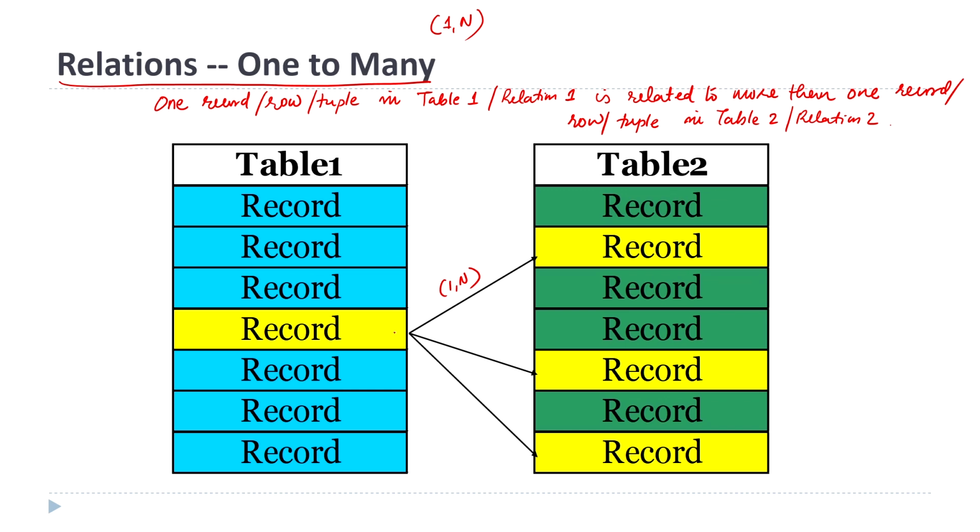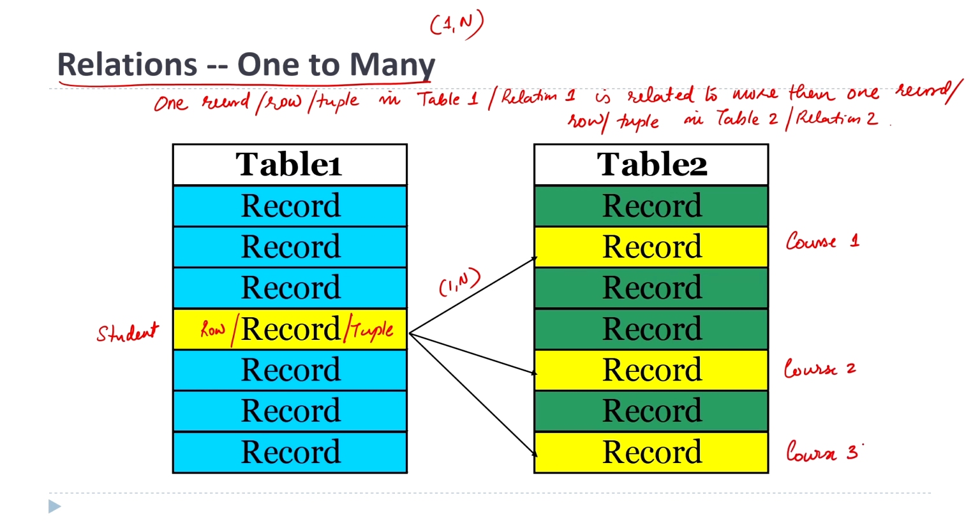One record, or you can think of it as one row or one tuple, whatever you want to call it, is related to multiple records in another table. If you take an example, here is a student, and these are the courses: course 1, course 2 and course 3.